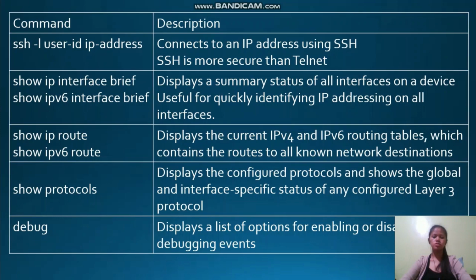Show protocols displays the configured protocols and shows the global and interface-specific status of any configured Layer 3 protocols. Debug displays a list of options for enabling or disabling debugging events.